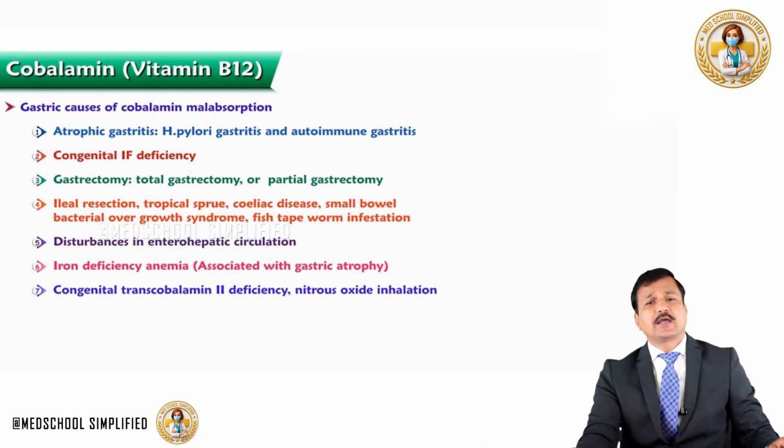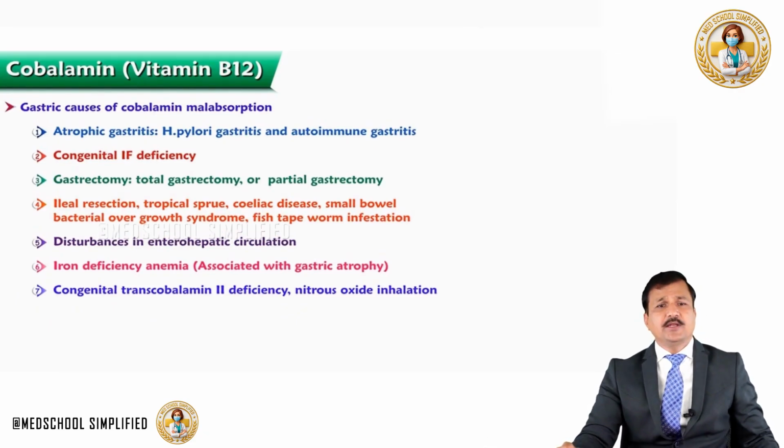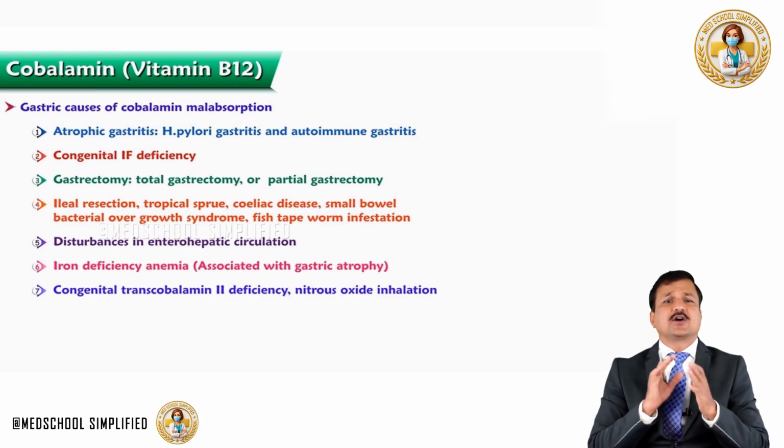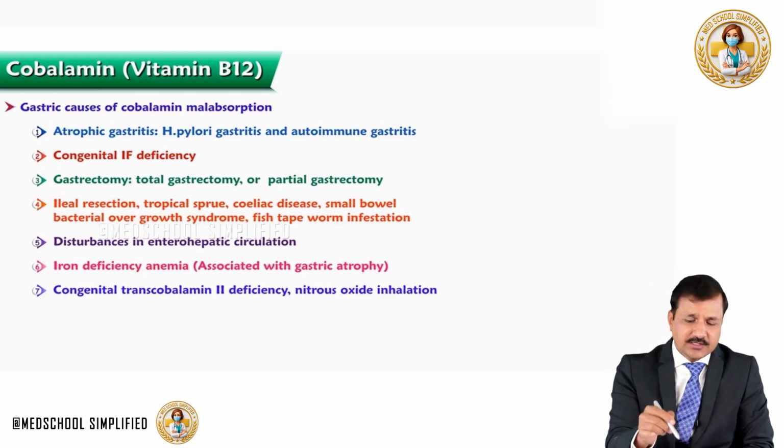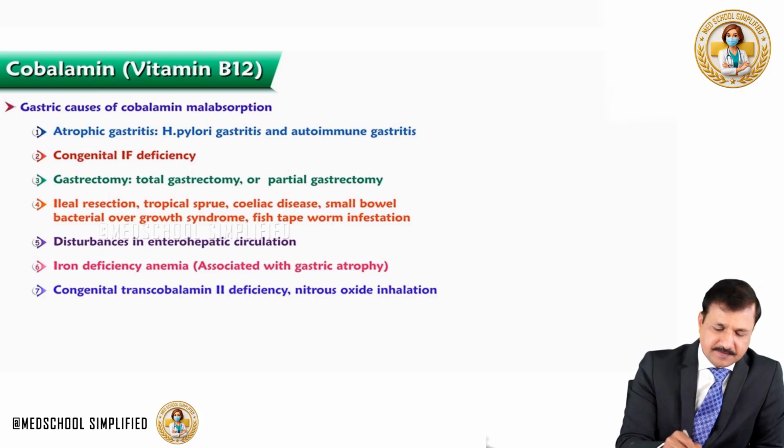Coming to gastric causes for cobalamin malabsorption. What are the gastric causes? First thing is atrophic gastritis.